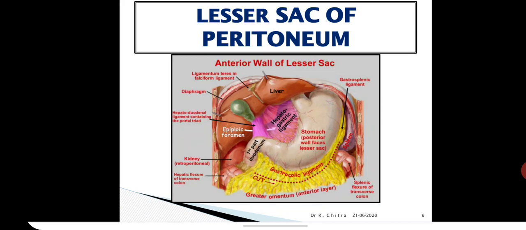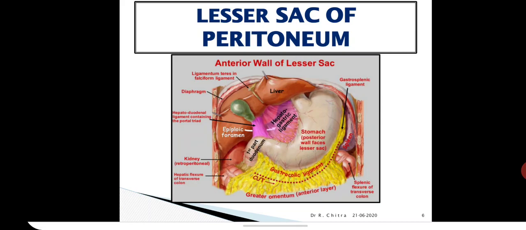Left margin below the transverse colon corresponds with the left free margin of the greater omentum. Between the transverse colon and cardiac end of the stomach, you can see what ligament is present. Gastrosplenic, inner layer of gastrosplenic ligament and also lienorenal ligaments passing over the hilum of the spleen.